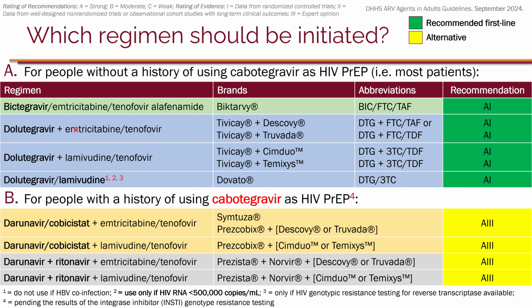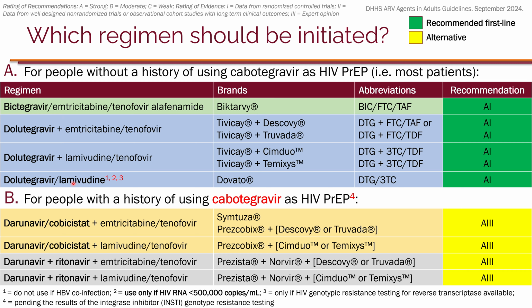In other words, for people who have Hep B co-infection, when you have emtricitabine and tenofovir, so we have 2 drugs that are active against Hep B, those are fine. But when you drop one of the Hep B active agents, then you should have another agent on board to avoid Hep B resistance.